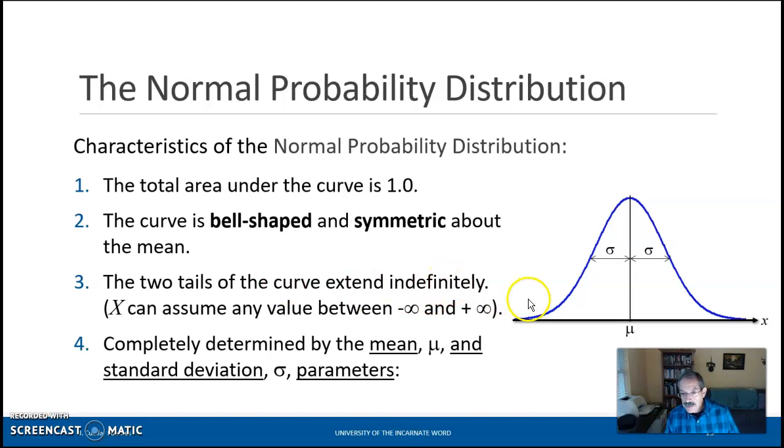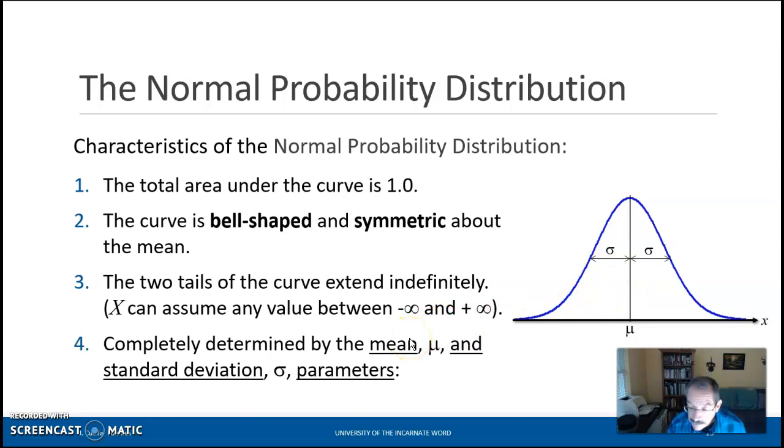Another characteristic is that the two tails, the tail on the left and the tail on the right: the left tail extends to minus infinity and the tail on the right extends to plus infinity. So that means that the probability for very large values of x are given by this curve, and values for very small values of x are given by this curve.